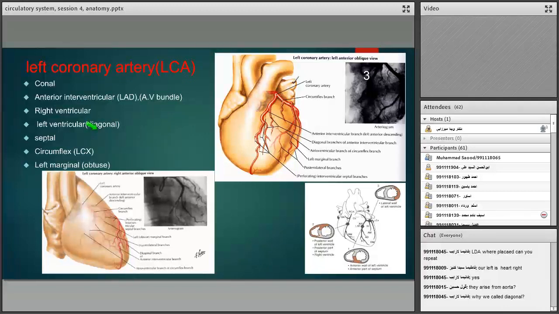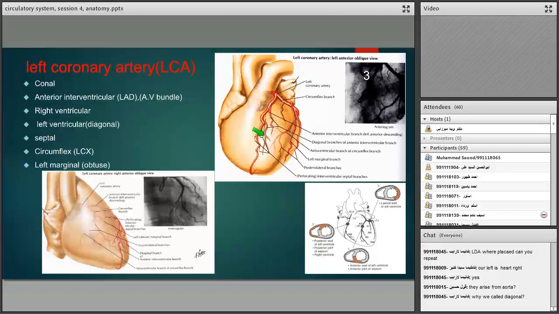Most of the time the references say that there are three branches, D1, D2, and D3. The diagonal branches of the anterior interventricular artery, D1, D2, and D3.